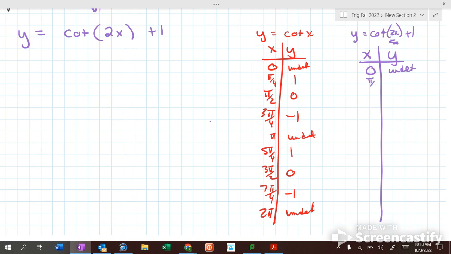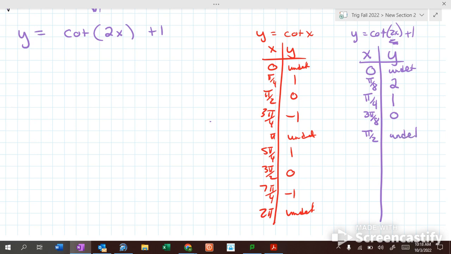Now instead of going pi over 4, I'm going basically the 2 squeezes it down, so it's halfway there. So then it's pi over 8. And then I go up by 1, which gives me 2. 1 plus 1 is 2. Then what's half of pi over 2? Pi over 4. And that's going to give me up by 1. 0 plus 1 is 1. And then half of 3 pi over 4 is 3 pi over 8, 0. And then pi over 2, because half of pi is pi over 2.